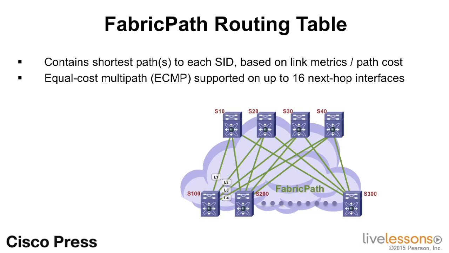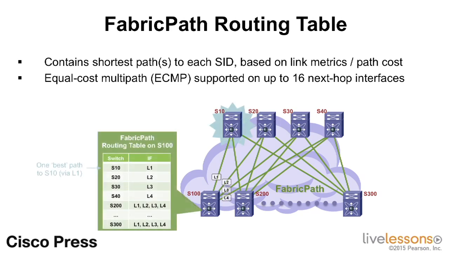A little bit more about the FabricPath routing table. The FabricPath routing table contains shortest paths to each switch ID, or SID, based on the link metrics and the path cost. It also gets us equal cost multipath supported on up to 16 next hop interfaces at this time.